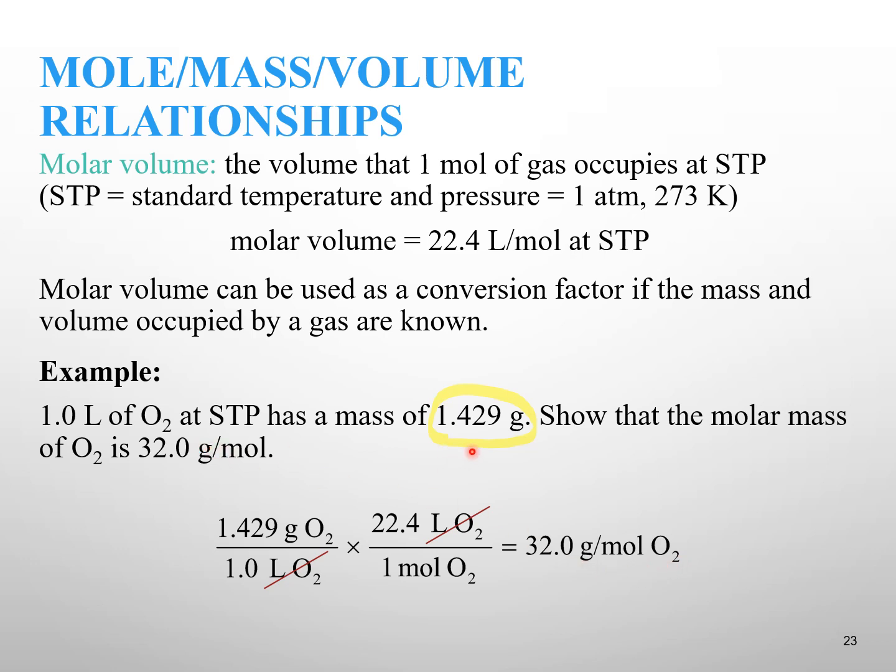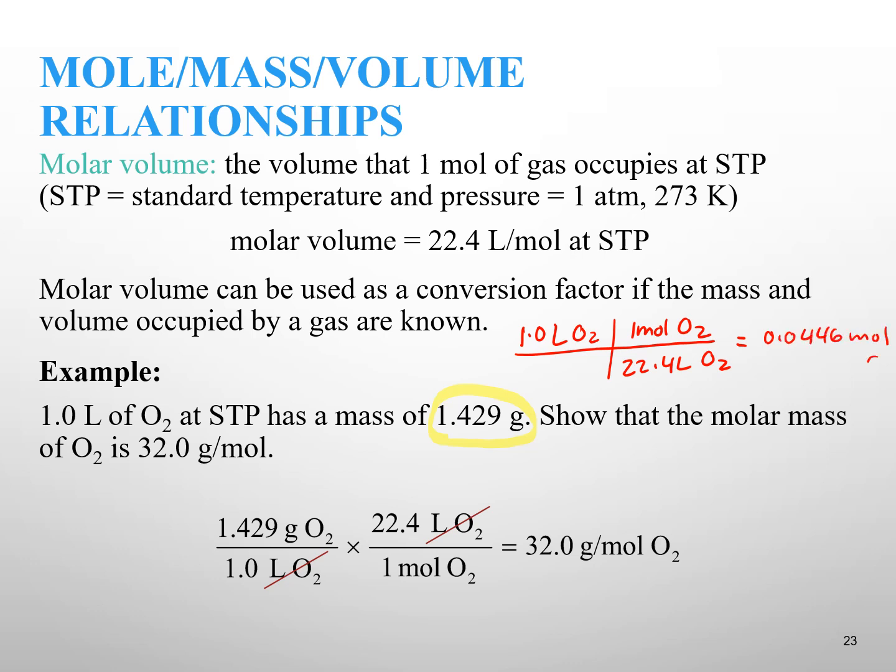So let me show you the alternative calculation here where we can get the moles of gas. So we have 1 liter of O2, and we know that 1 mole of O2 at STP is going to take up 22.4 liters of gas, O2. So this will give us a number of moles of gas that is 0.0446 moles.